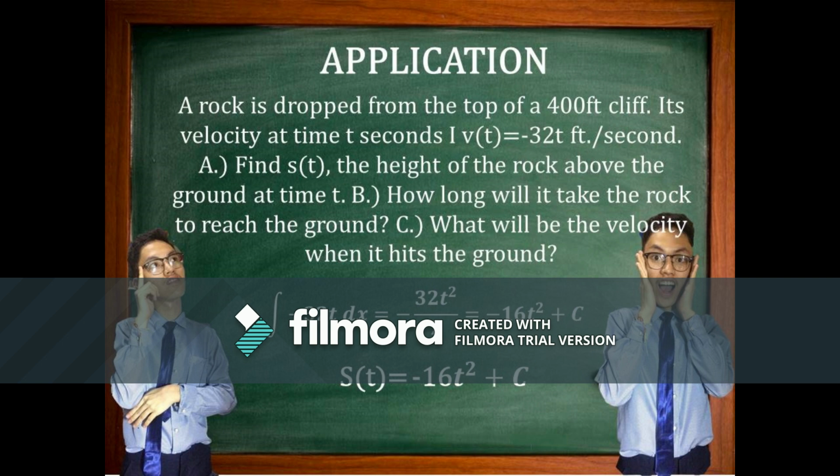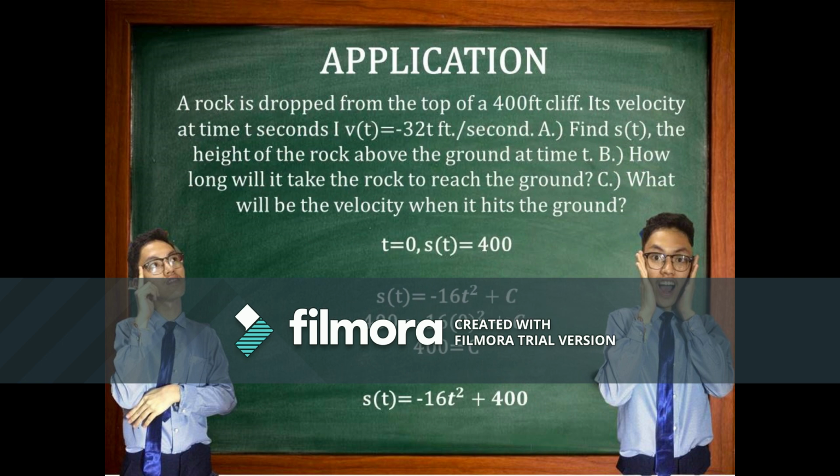But we are not finished yet, because we know that the rock was dropped off a 400 feet cliff. This means that when we started, the rock was at a position of 400. In other words, when t is equal to 0, our s of t is equal to 400.